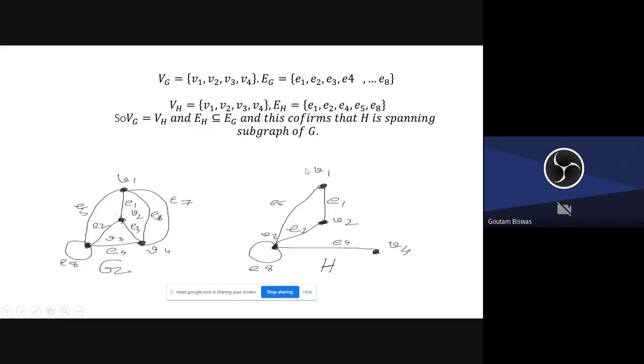Now VH is V1, V2, V3, V4, the same, but EH is contained in EG, and this confirms that H is a spanning subgraph. So this one is a spanning subgraph of this one.